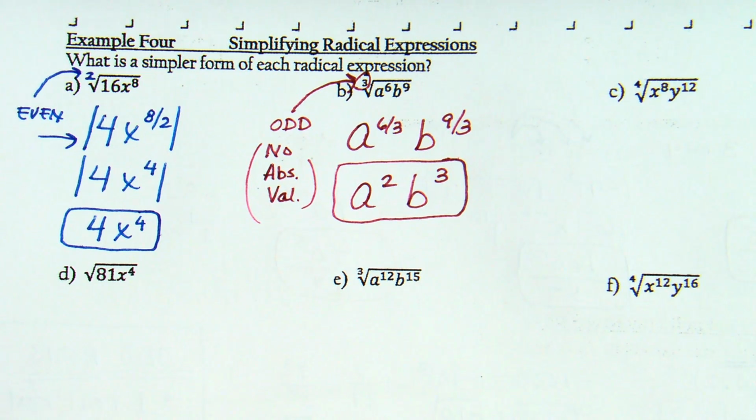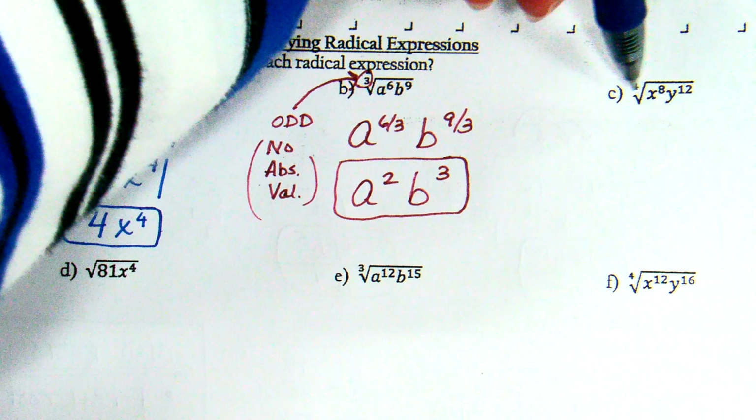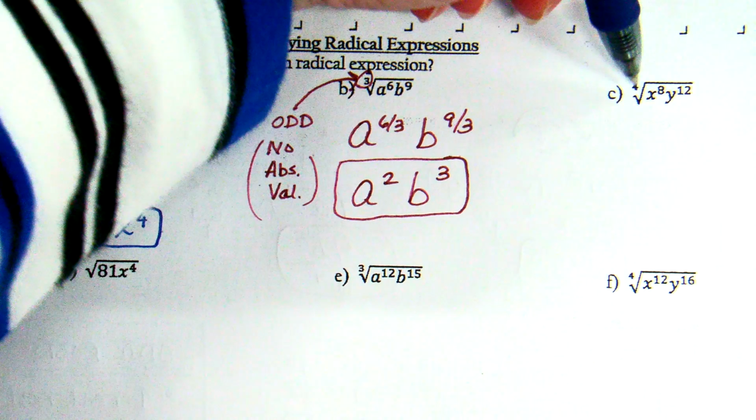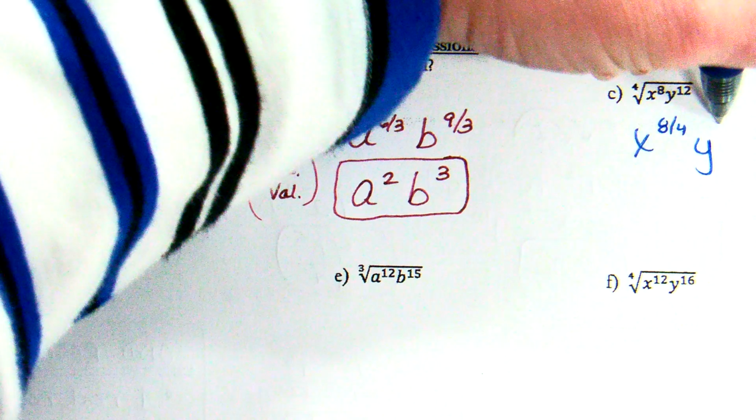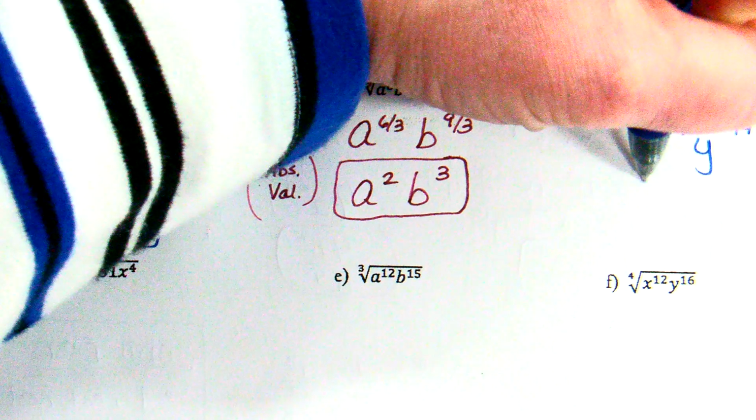You guys okay with this? The root, the 4th root, says I divide it. So it's 8 divided by 4, 12 divided by 4. So that comes out to be x to the 2nd, y to the third. It's almost like B.